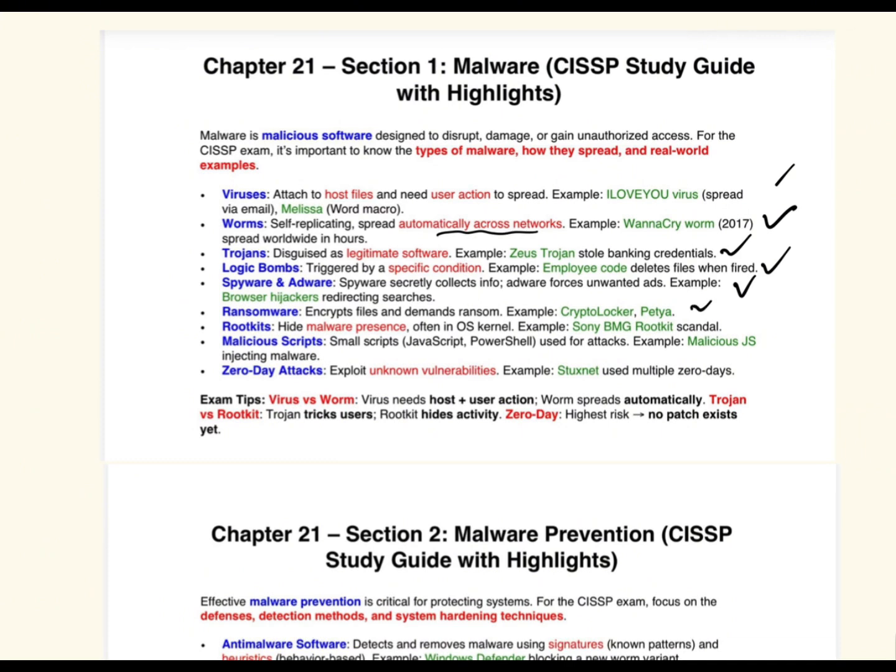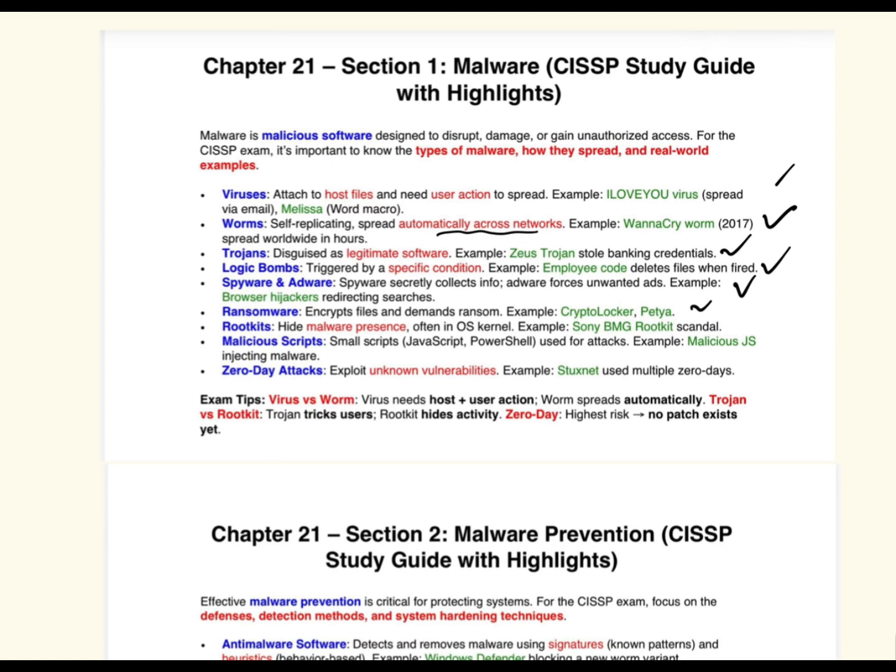Ransomware encrypts files and demands payment, a ransom, for decryption. Examples are CryptoLocker and WannaCry. It is a major CISSP topic linked to availability in the CIA triad: confidentiality, integrity, and availability.